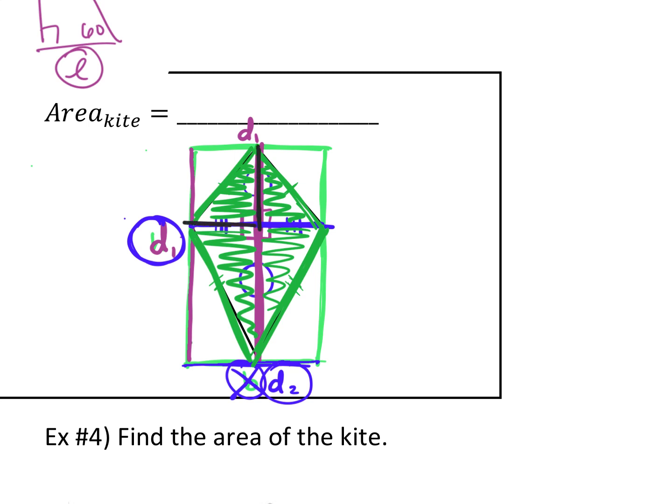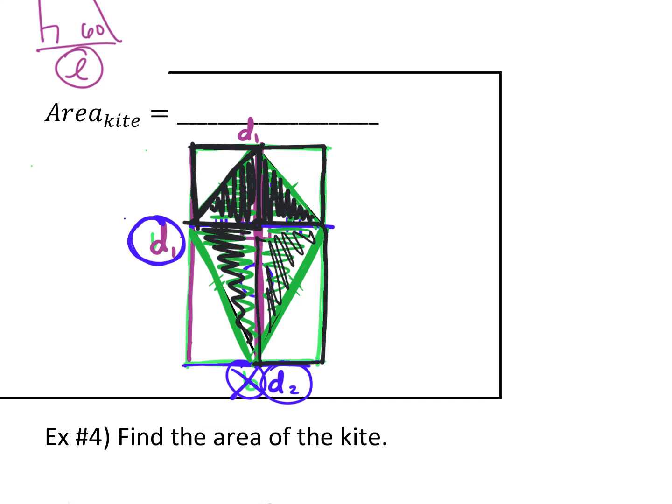What if I just look at this little rectangle? The kite portion is how much of that rectangle? Half. Half, right? Now look at this rectangle. The kite portion is what fraction? Half. Now look at this rectangle. The kite portion is half, and in this rectangle, the kite portion is half. So every piece of it is half as much, right?